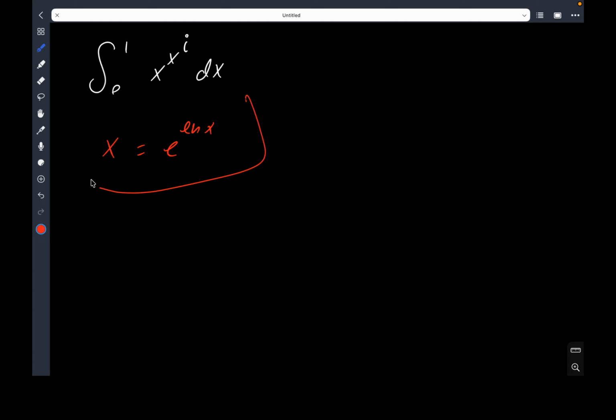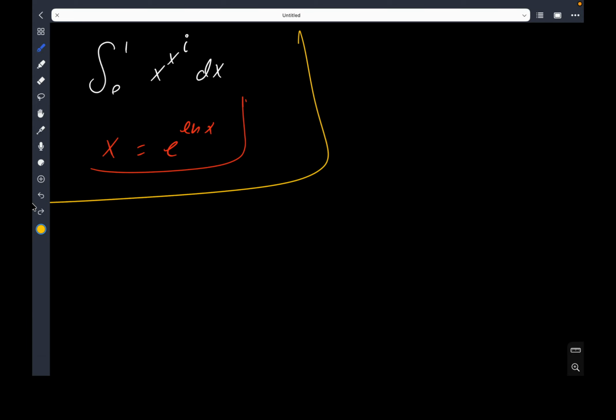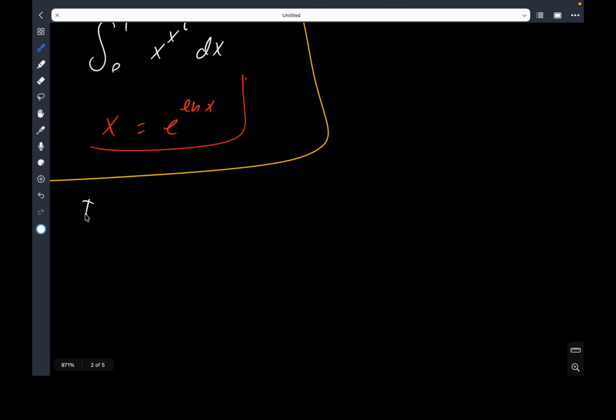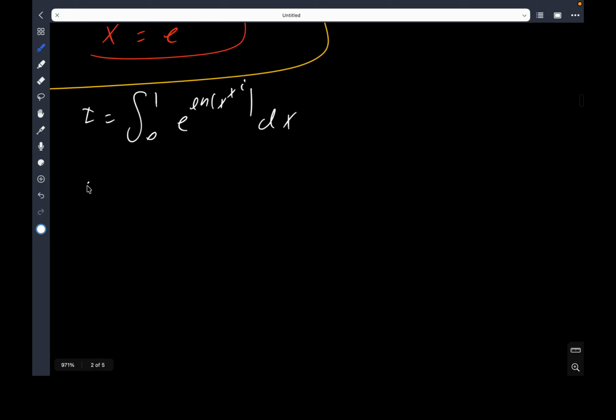So we're gonna use this property and we're gonna say our integral is equal to e to the ln of x to the x, dx. My I is e to the x to the x ln x dx.